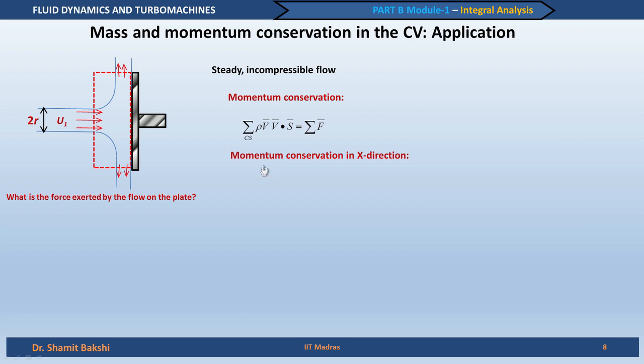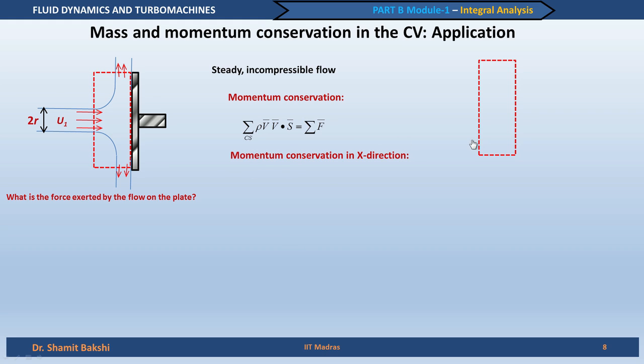Now, this is the momentum conservation overall, that means the vector equation. Let us see the momentum conservation in x direction, which is the only important part of this problem, because we have to find out the force exerted by the flow on the plate, and the flow here only exerts force in the x direction.